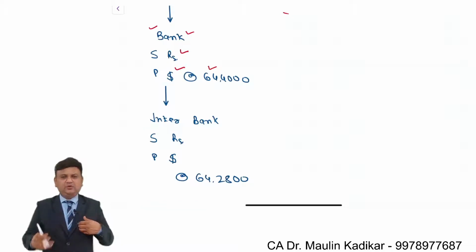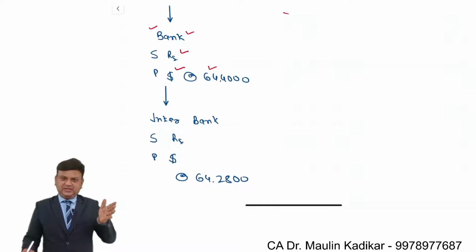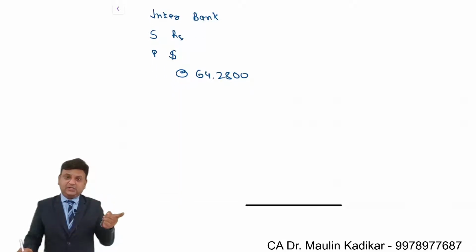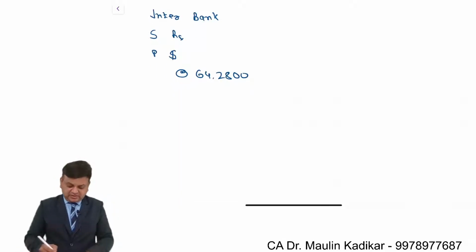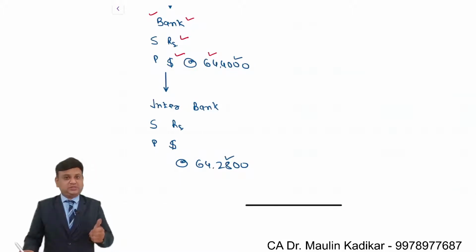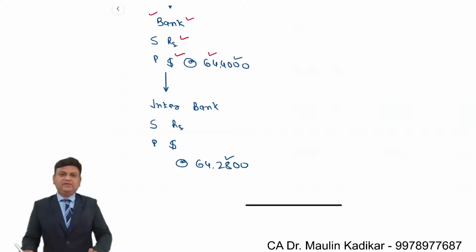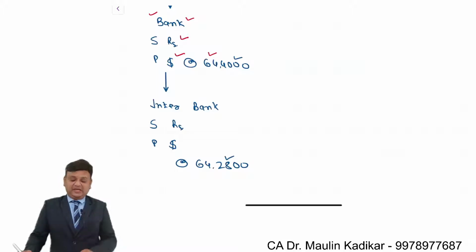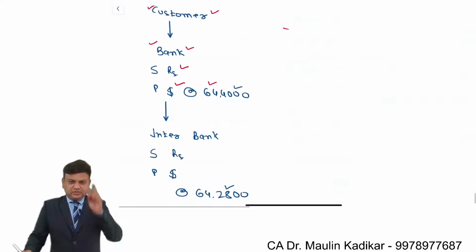So from the bank's point of view, we are going to purchase the dollar in the international market at 64.28 and that dollar will be sold at the rate of 64.40 to this customer, and the difference of 12 paise is the gain per dollar into 2 lakhs. This is the total gain that I would be making. This must be going on in the mind of the bank.